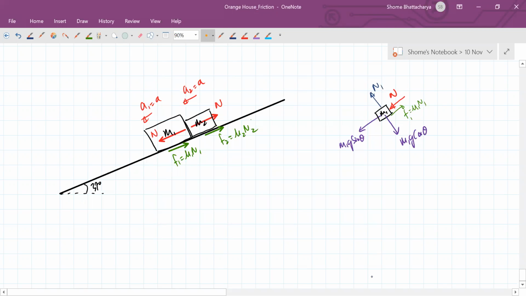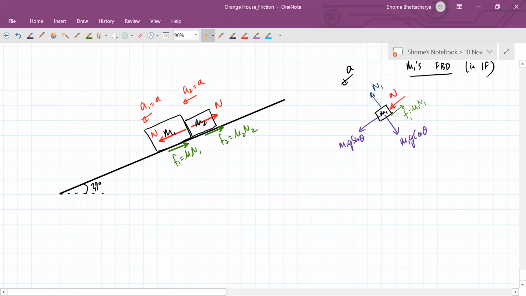So under the action of all these forces, it has an acceleration a. So this is M1's free body diagram in the inertial frame, the ground frame.